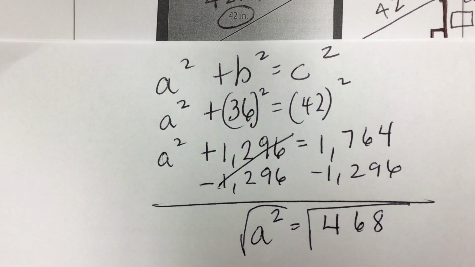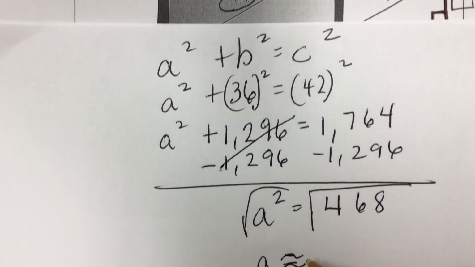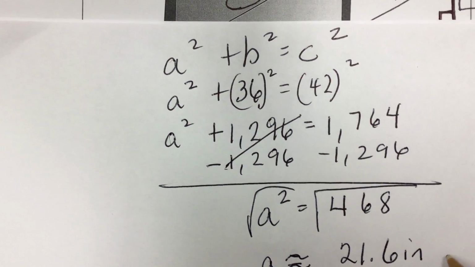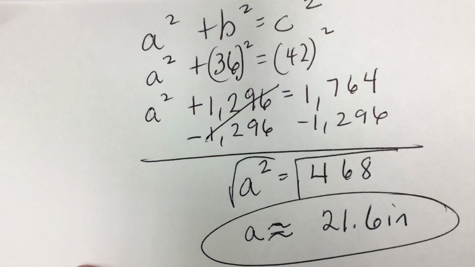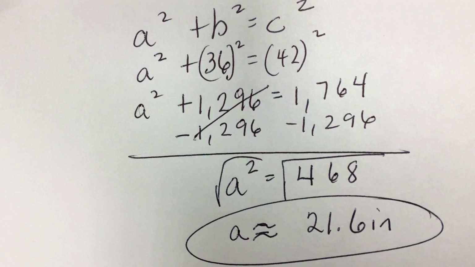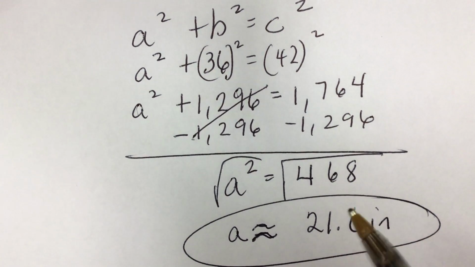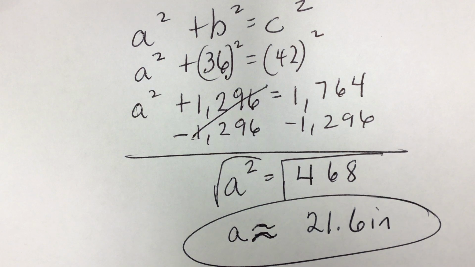The square root of both sides, you have a equals the square root of 468, and we're going to approximate that. So we're going to approximate it to 21.6 inches. So a is approximately 21.6. You would punch in your calculator 468, and you would take the square root of it.